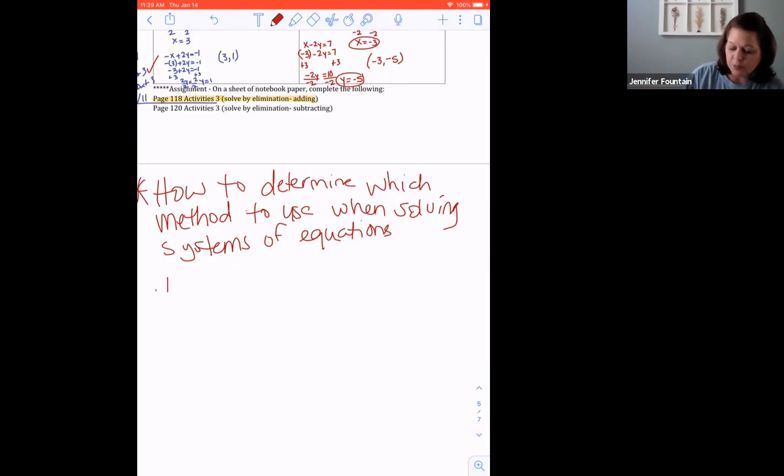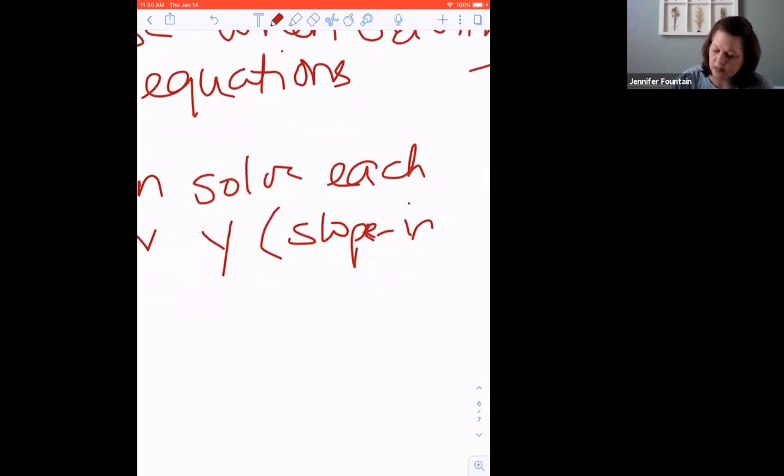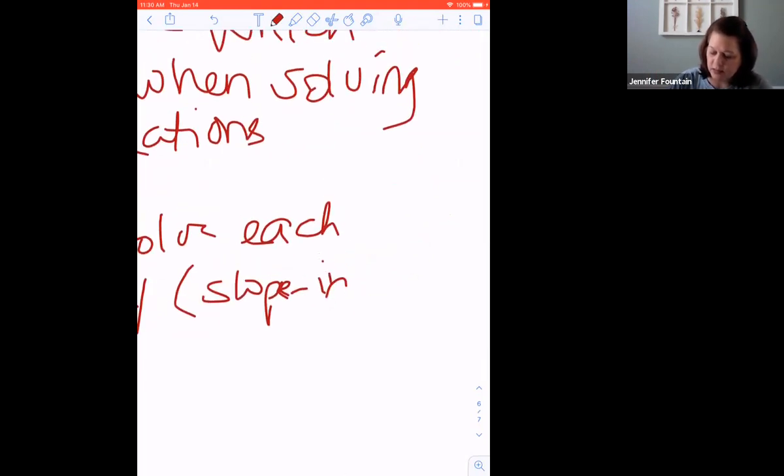So the first thing, if you can solve each equation for y, and I'm going to put in parentheses slope-intercept form.